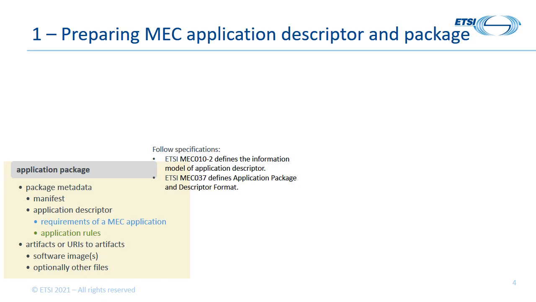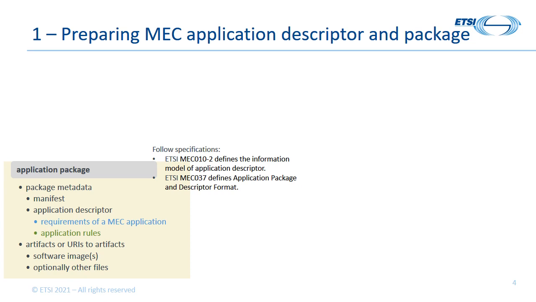Second, an application package is a bundle of files provided by an application provider to be onboarded into a MEC system and used by the MEC system for application instantiation. An application package includes package metadata and artifacts or URIs to artifacts.